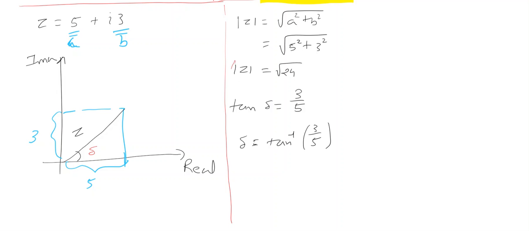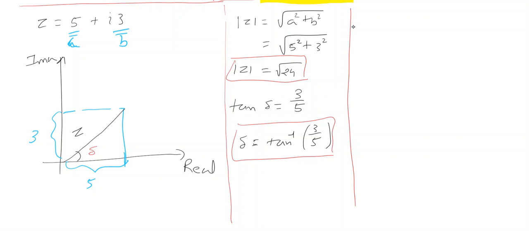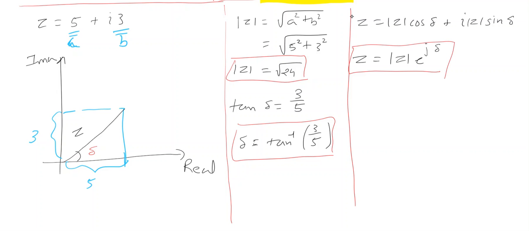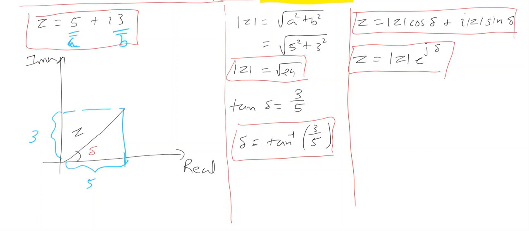So once you have mod z known, once you have delta calculated from the table, you can easily write z as mod z cos delta plus I mod z sin delta. Not only that, you can also express it in the form of exponent j delta. So find out mod z, find out delta, substitute here, and you have two other ways of expressing this complex number 5 plus I3. Okay.